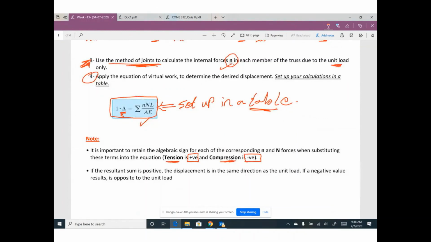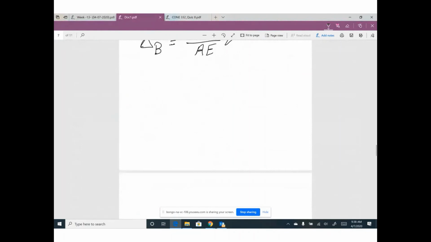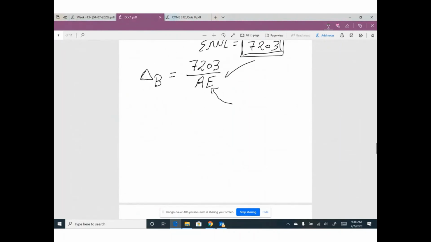Just to remind you, what is the meaning of AE? E is Young's modulus, which is the slope of the linear relationship between strain and stress. This line, E, Young's modulus, for concrete is different than for steel. A is the cross-section area.